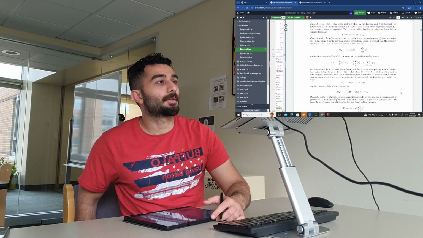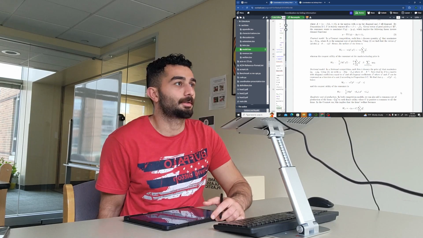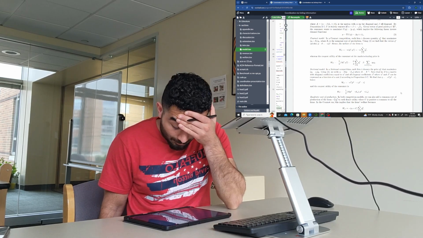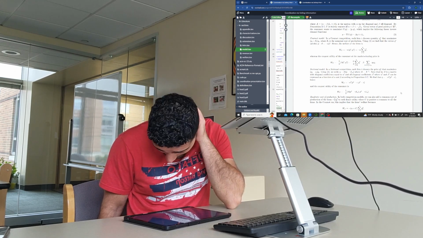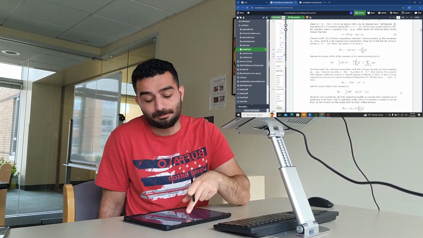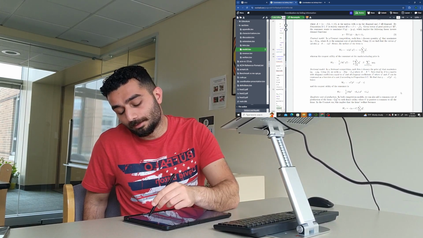Then for each Qi star the seller produces... wait a second, I'm a bit lost. So this is the demand curve that the consumer gives to the sellers.